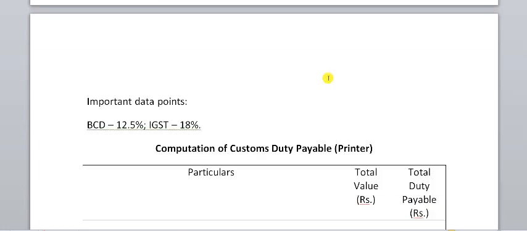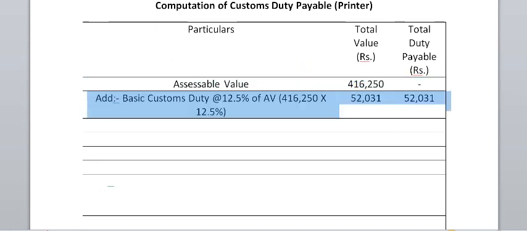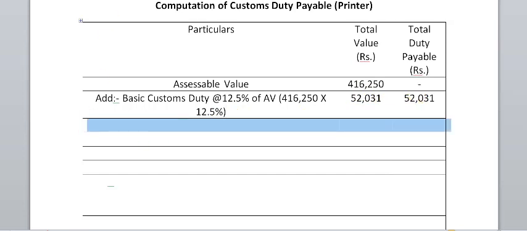We'll have to find out one more, that is of printer. Once again follow the same method. Assessable value 4,16,250. What we have to add? Basic customs duty 4,16,250 into 12.5%, 52,031, in both the columns.